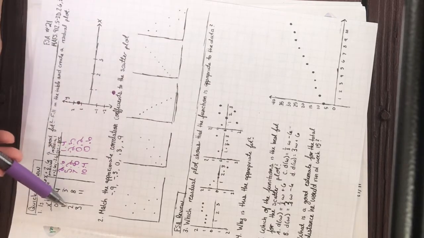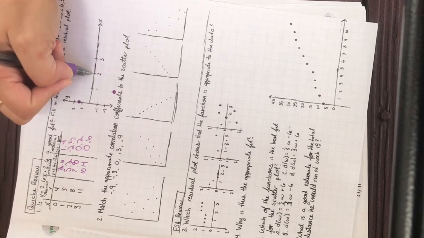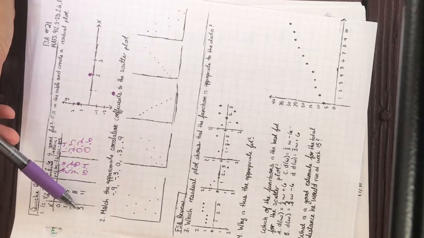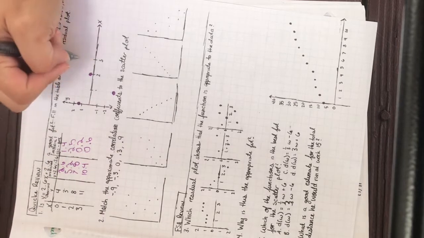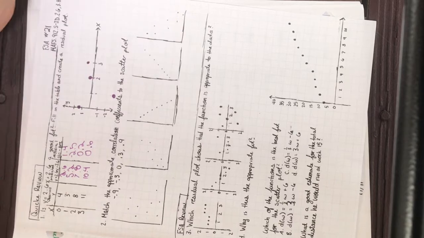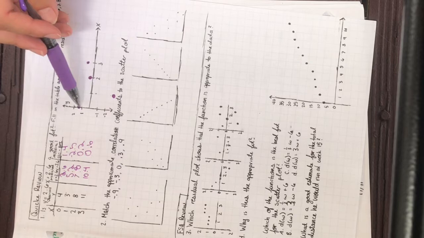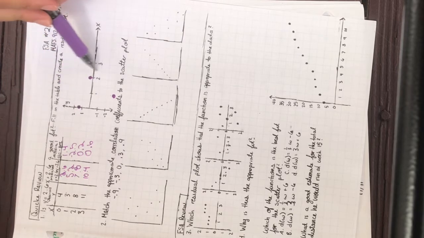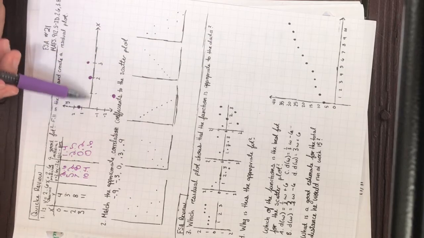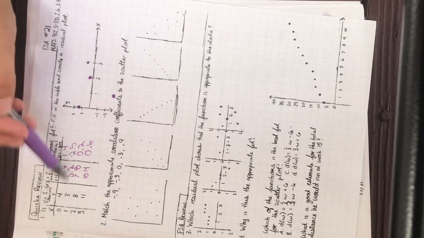If my x value is 2, my residual value is 0.2. And if my x value is 3, my residual value is 0.6. What we want is for these points to be pretty evenly distributed above and below this line and be as close to this line as possible. So I actually would say that this line is a good fit.